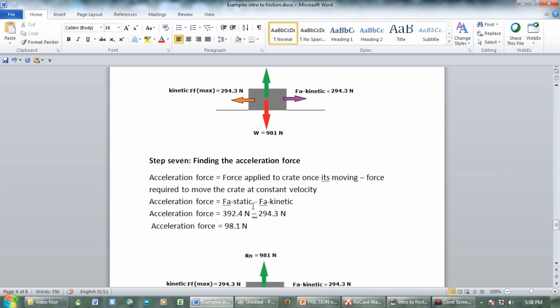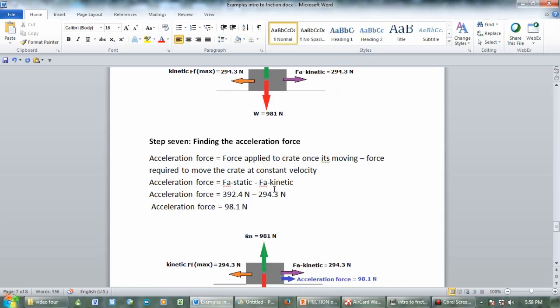Step 7. Finding the acceleration force. The acceleration force equals the force applied to the crate once it's moving minus the force required to move the crate at constant velocity.